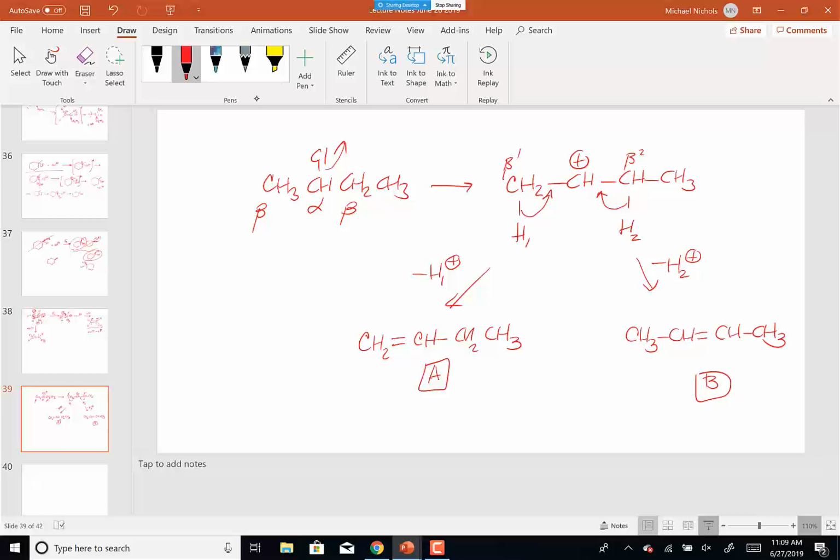Question. Are these two products different structural isomers? How do I know the answer to that?